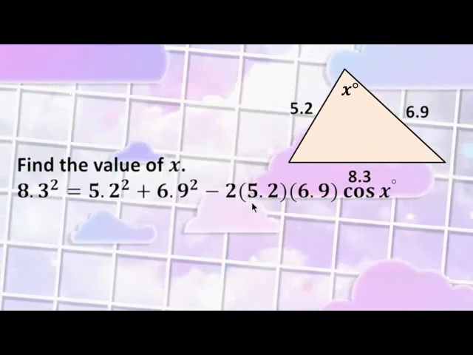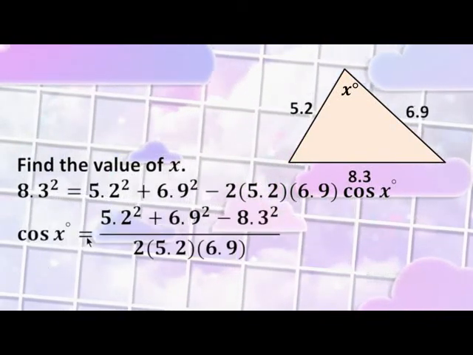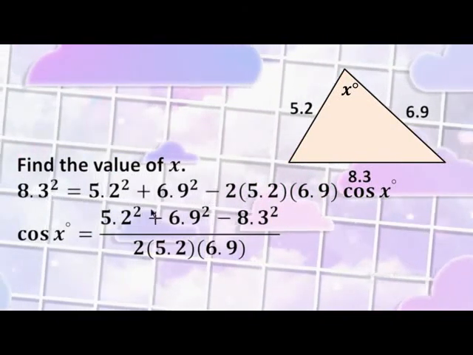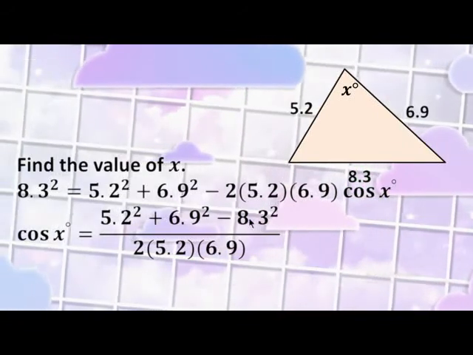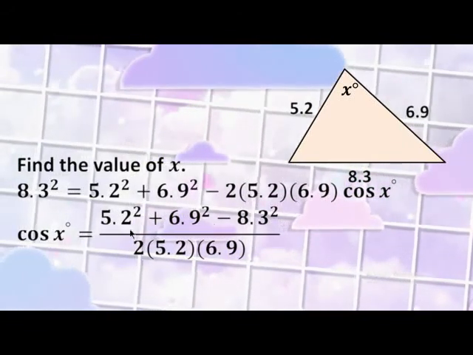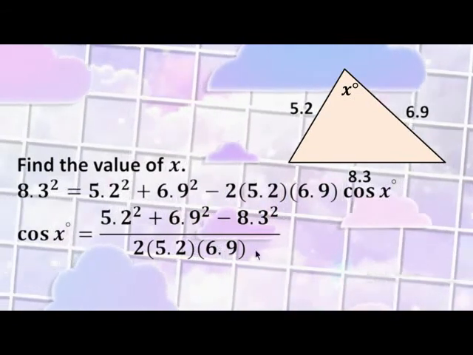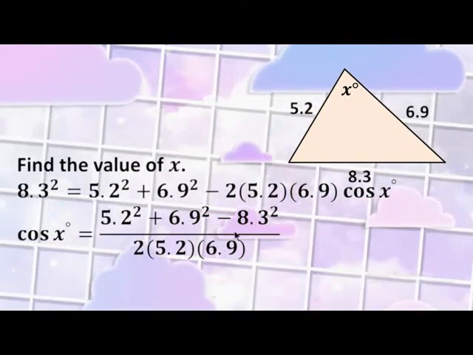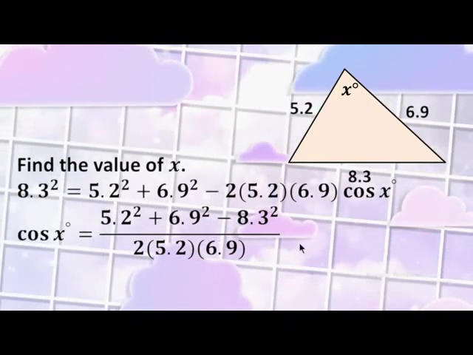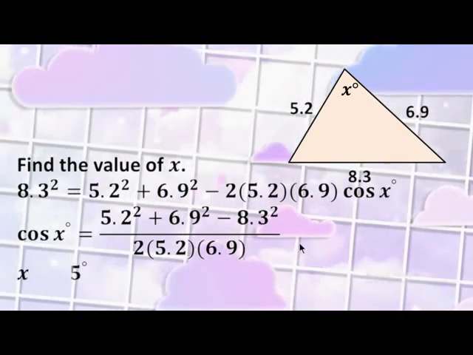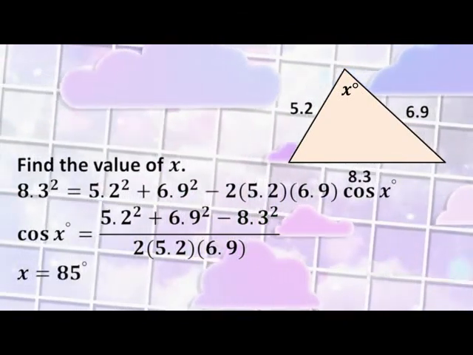So cosine x equals 5.2 squared plus 6.9 squared minus 8.3 squared per 2 times 5.2 times 6.9. You can type it on your calculator. You'll find that the value of x equals 85 degrees.